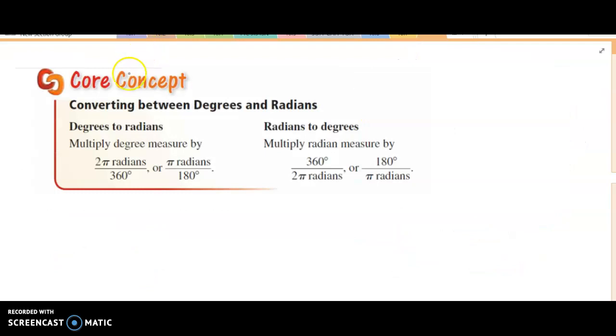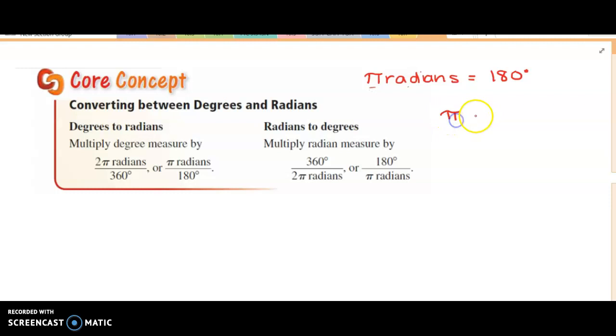All right. So last but not least, we're going to talk about how to convert degrees to radians and then radians to degrees. What you need to remember is that pi radians is equal to 180 degrees. Anytime you see any kind of angle measure that has pi in it, you're talking about radians, and it won't have a degree symbol. So pi radians equals 180 degrees.